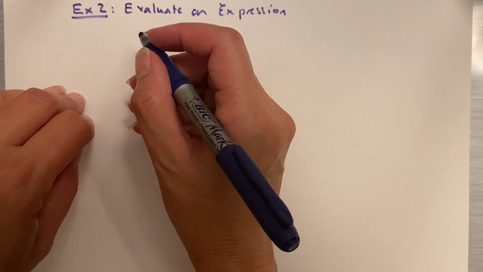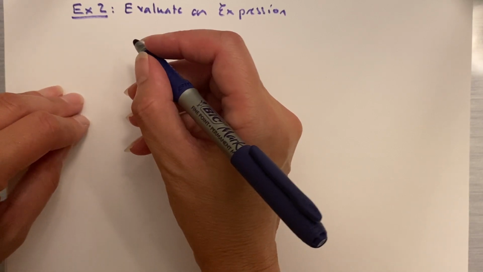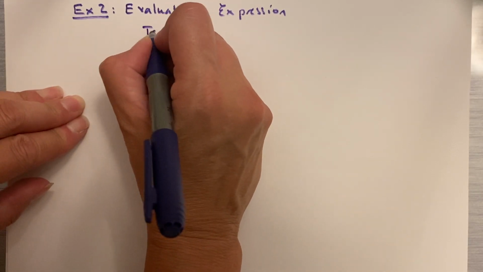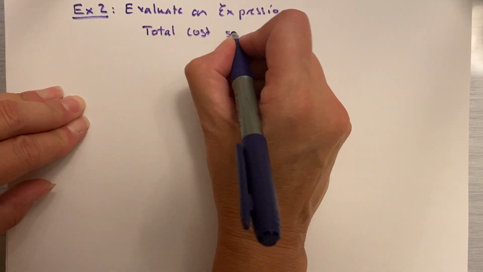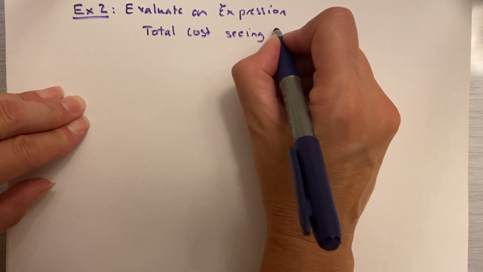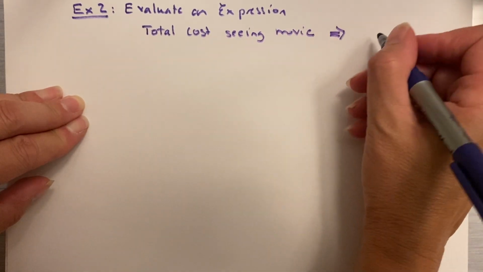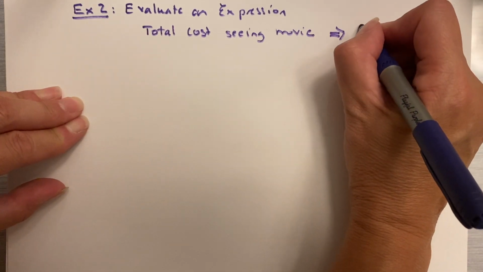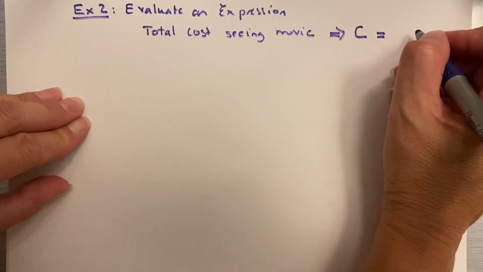The total cost of seeing a movie at a theater can be represented by the expression A plus R. So I'm going to abbreviate what I'm reading: total cost seeing movie, with an arrow, and they're saying it's abbreviated as total cost, and we'll call that C. And they've told you that's A plus R.